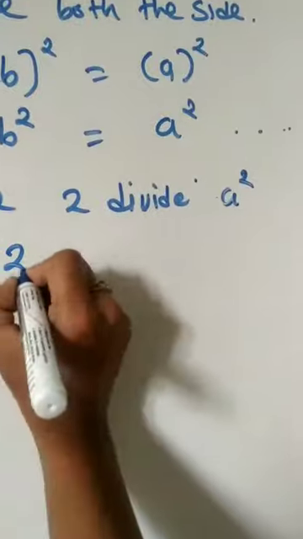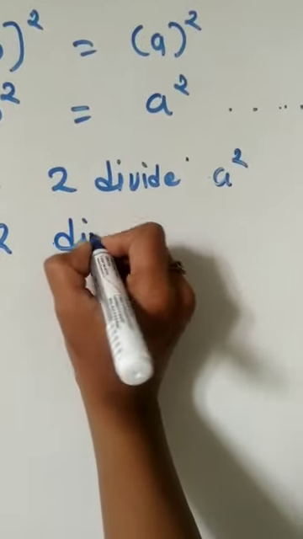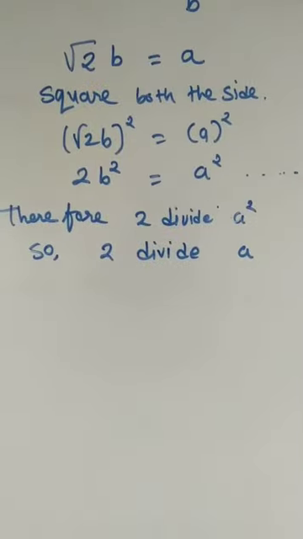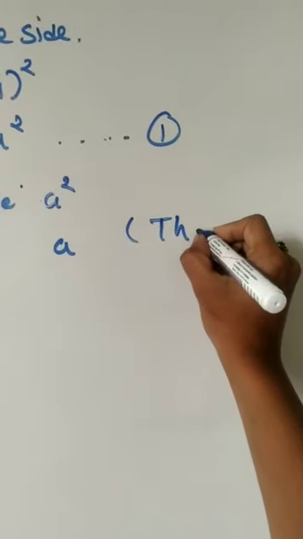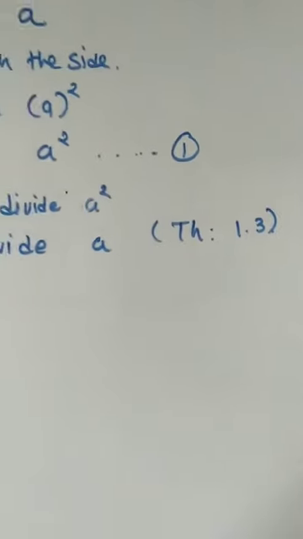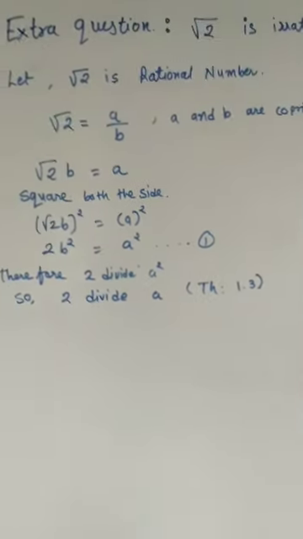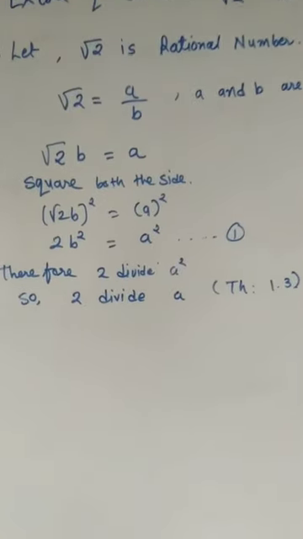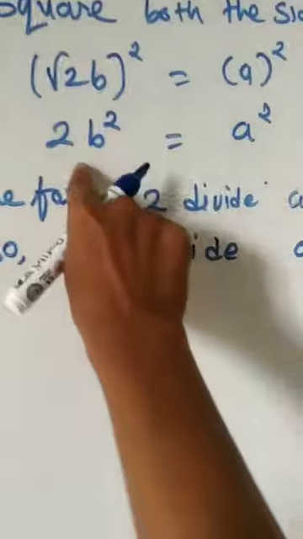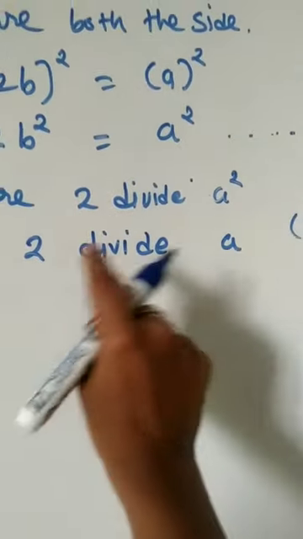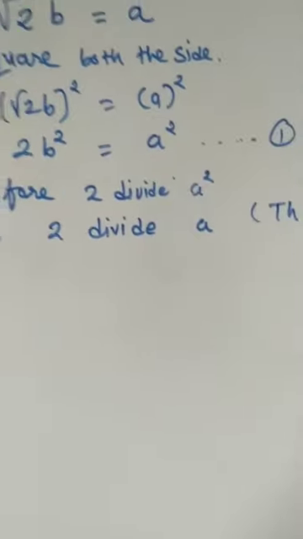So 2 also divides a, and this we have written from our theorem 1.3 that we discussed in our last video. I have shown that theorem, and you have to write according to that. If any number divides a square, it can divide the normal number too.